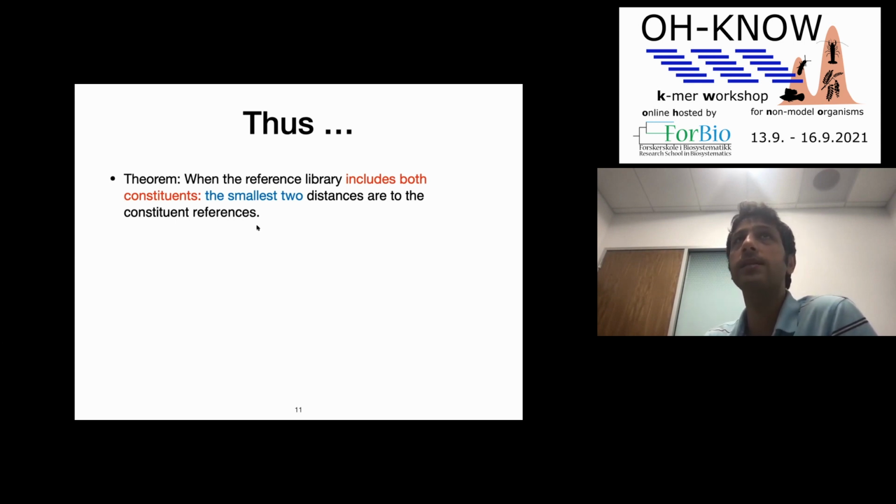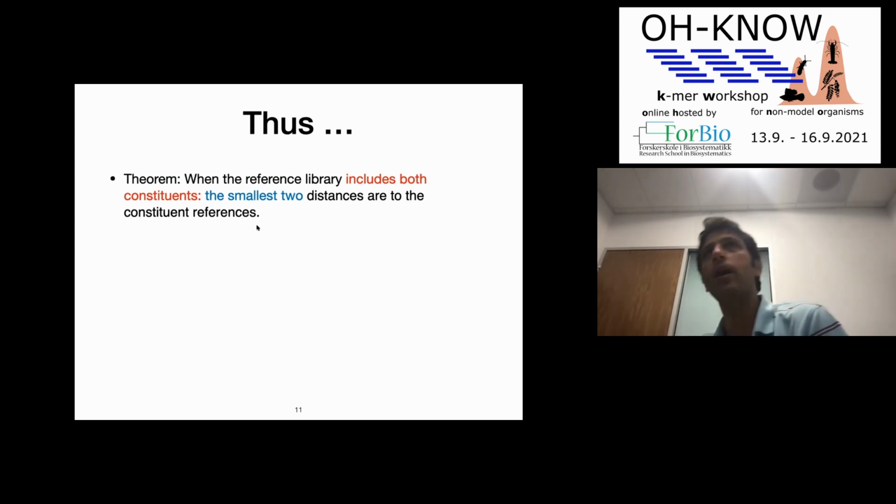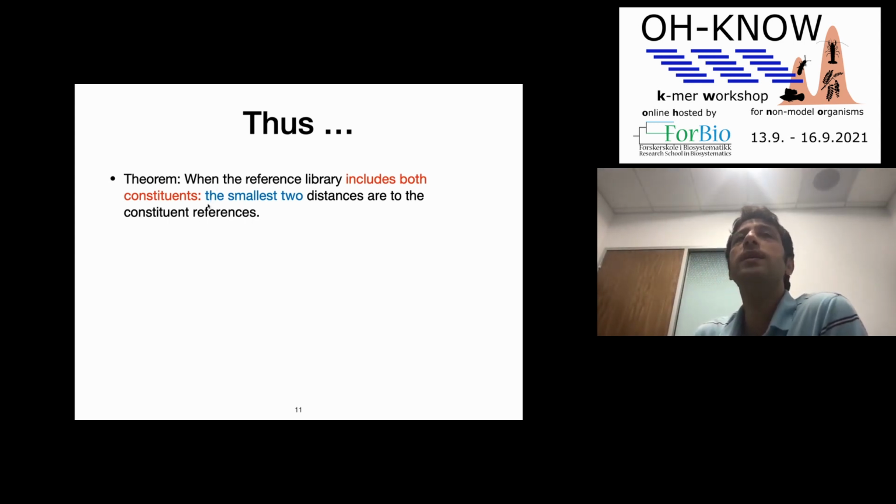The theorem says that if your reference library includes both of the constituents, under some reasonable assumptions, the smallest two distances that you are going to get from the mixture to the references are going to correspond to the constituents, right?